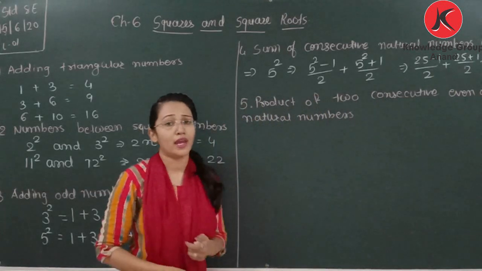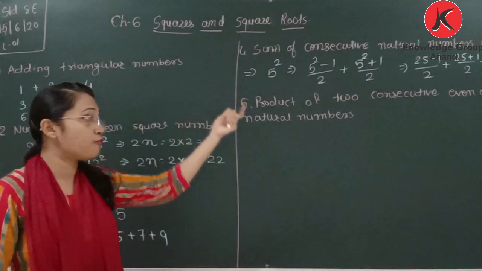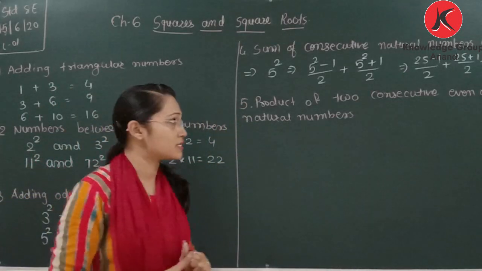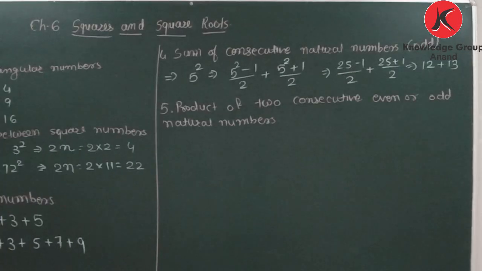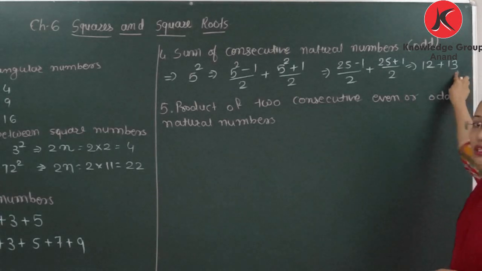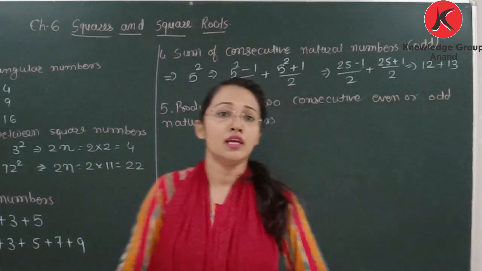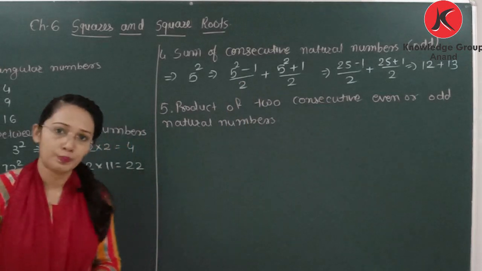This way you can represent the square of any odd number as a sum of successive numbers. So here we represent 5 square, that is 25, as 12 plus 13. You can represent any odd number's square as the addition of 2 consecutive natural numbers.